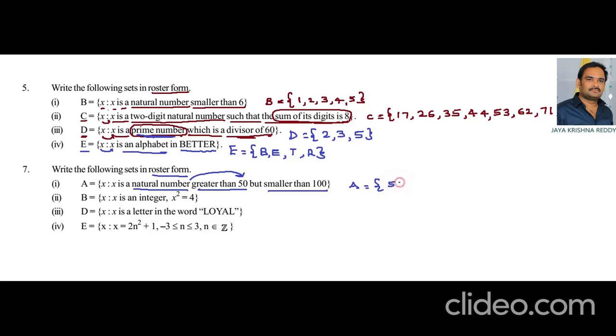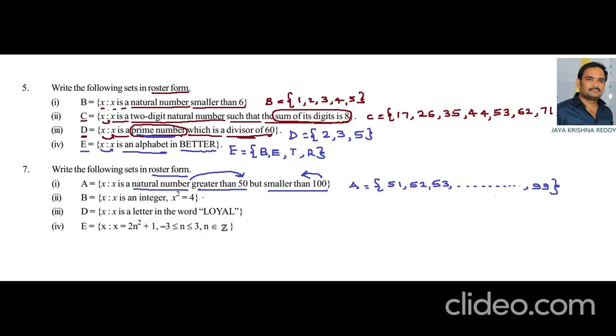So we can start from 51, 52, 53, like that. We have to write the numbers up to smaller than 100, not equal to 100, means we can write up to 99. Okay, so we can write like this, 51, 52, 53 and so on, up to 99.